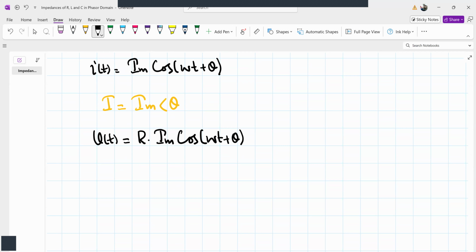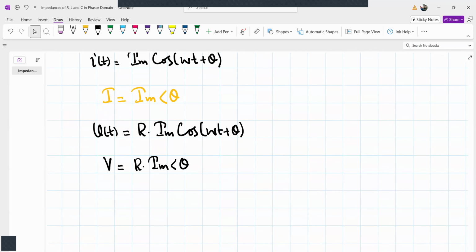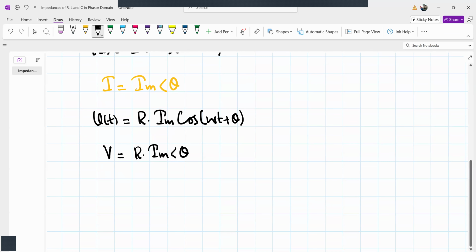So V phasor will be simply equal to R times Im at an angle of theta.